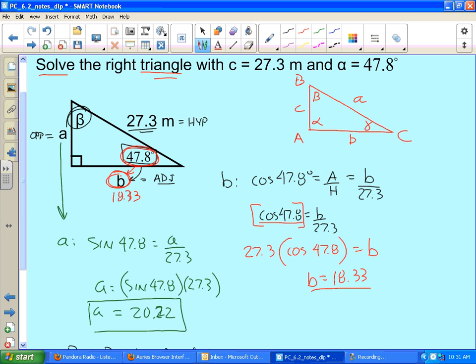Because it's an adjacent side, I have cosine or secant. Actually, I have three choices. I could have tangent or cotangent. But the problem with those is I don't know the opposite side. So one of those two is what I would use to find sine. Make sense? Okay.